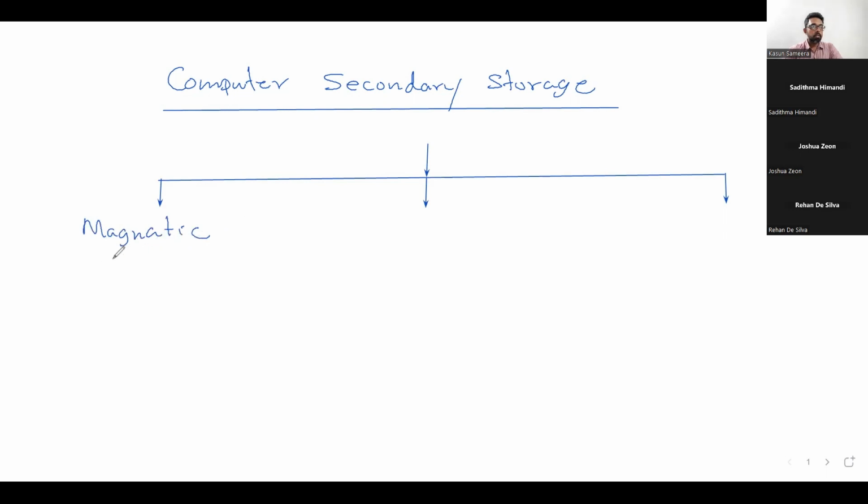Magnetic storage media. Write it down with me. You have to write down at least 3 devices, 3 magnetic storage media. Yes, optical media, optical storage media.